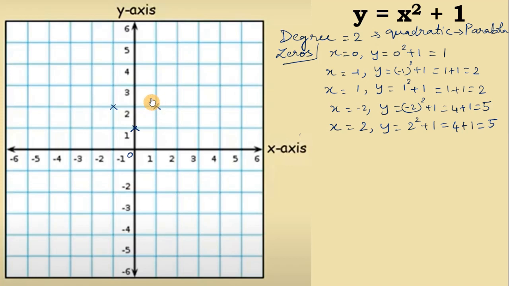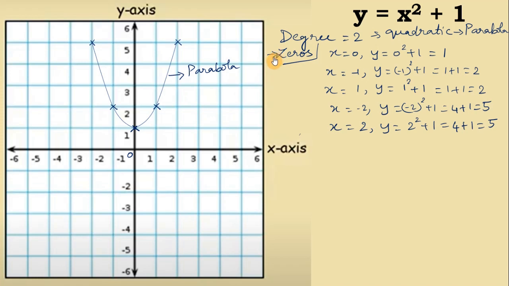For x is equal to minus 2, your y value is 5. And for x equal to plus 2, again your y value is 5. So now your graph is going to come like this. You can see that you have got a parabola opening upwards. So have we got it? Yes, we have got it.